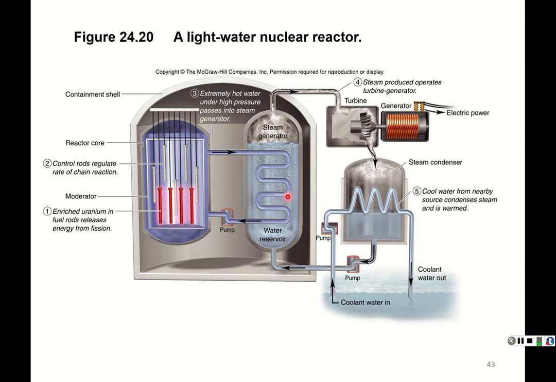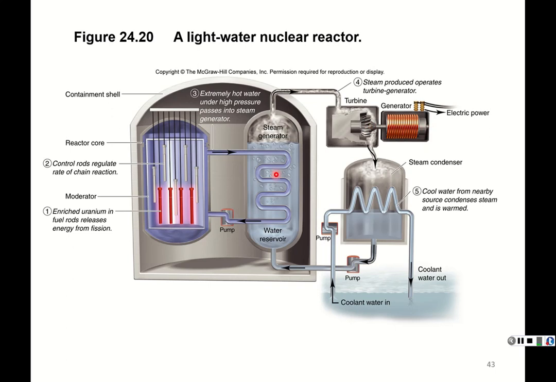You transfer that heat to the water. The water being heated by this process is boiled, and the steam that's given off is used to spin a turbine. That turbine then generates electricity in a generator.